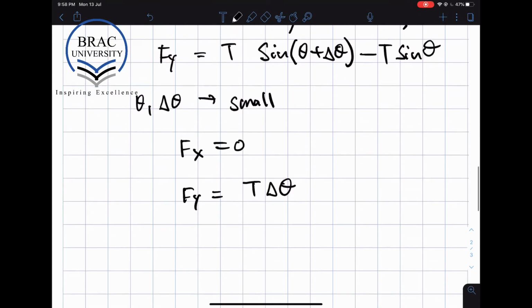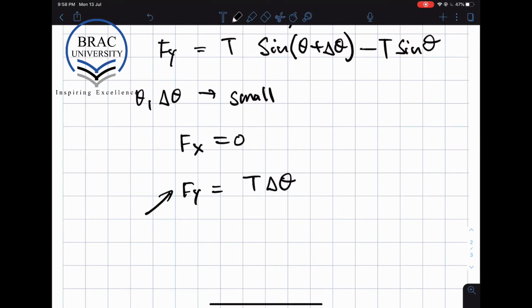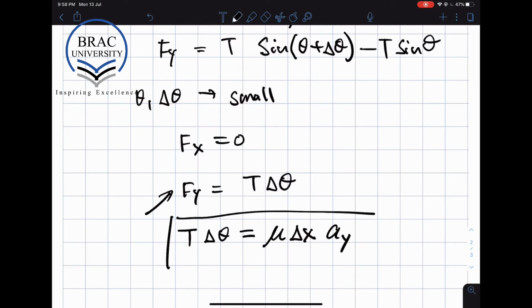Now we apply Newton's law to this non-trivial equation. The force is T times delta theta in the y direction, and it equals the mass of that element, mu times delta x, times the acceleration in the y direction, a_y. So this is our dynamical equation.